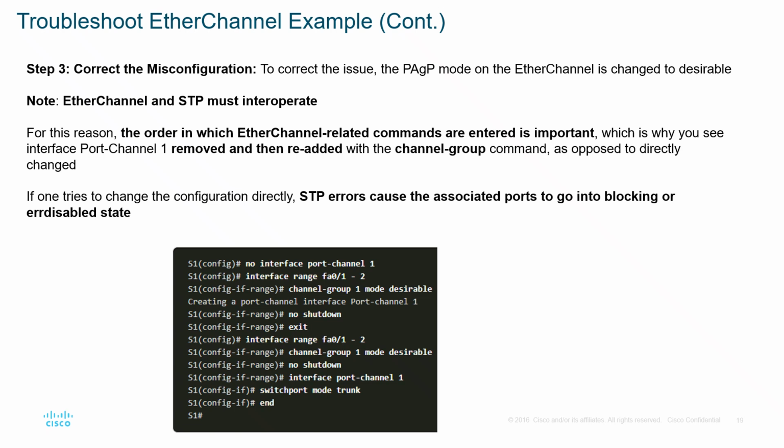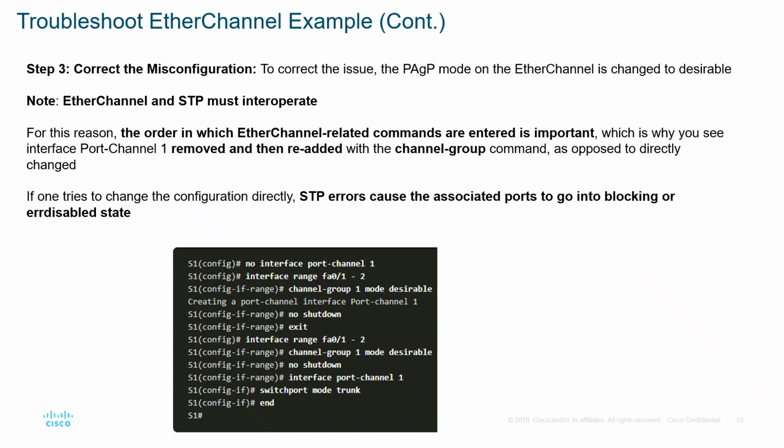To correct the issue, the PAgP mode on the EtherChannel is changed to desirable. EtherChannel and STP must interoperate. For this reason, the order in which your EtherChannel-related commands are entered is important, which is why you see interface port-channel 1 removed and then re-added with the channel-group command as opposed to directly changed.